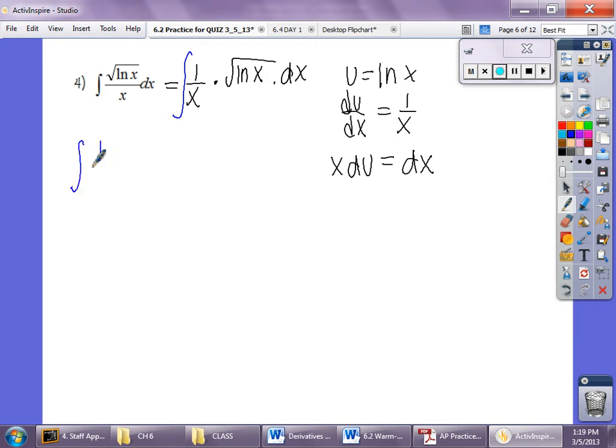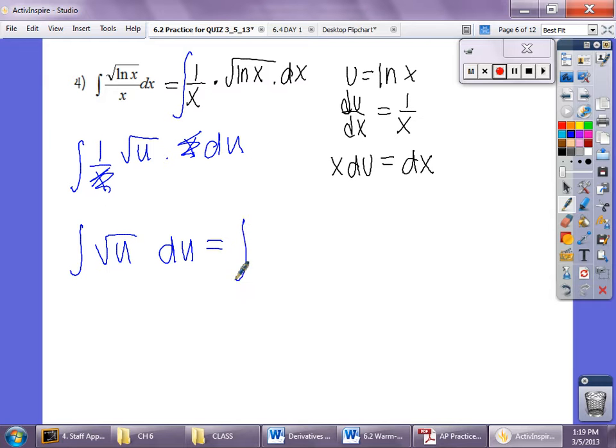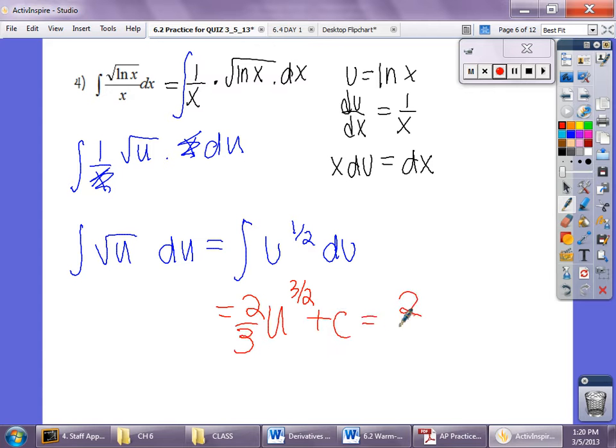We get that the integral of 1 over x, square root of u times dx, which is x du, x's will cancel, and I get the integral of square root of u du, which is the integral of u to the 1/2 power. So 1/2 power, add 1 to the power, divide by 3/2, which is multiply by 2/3, plus c, so my final answer is 2/3 ln of x to the 3/2 plus c.